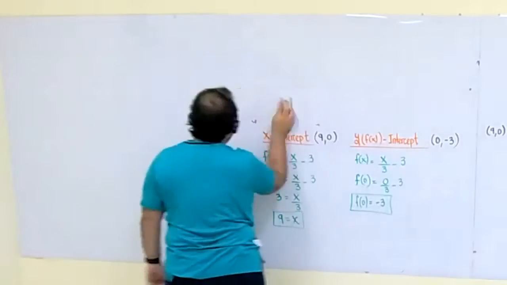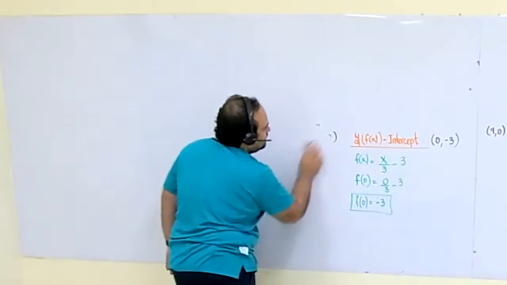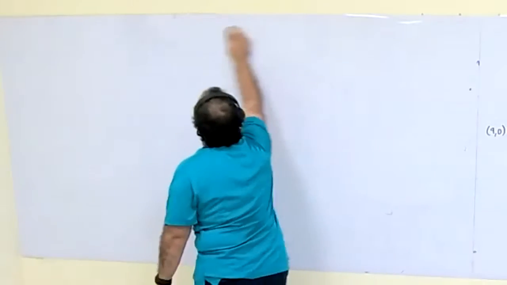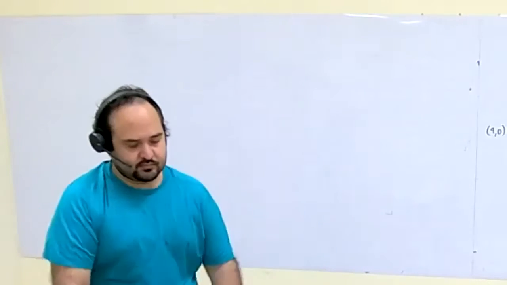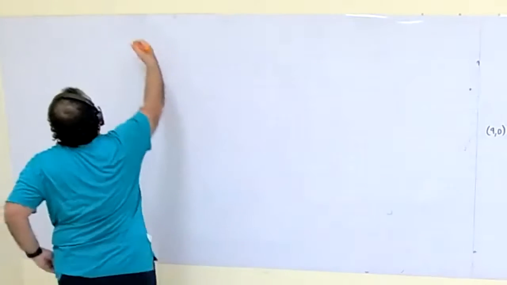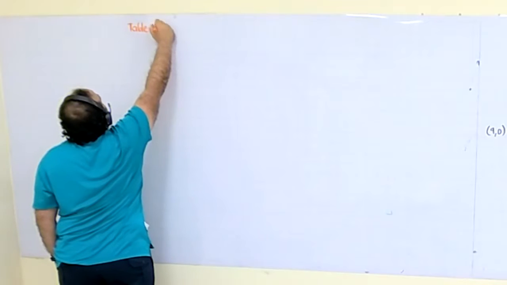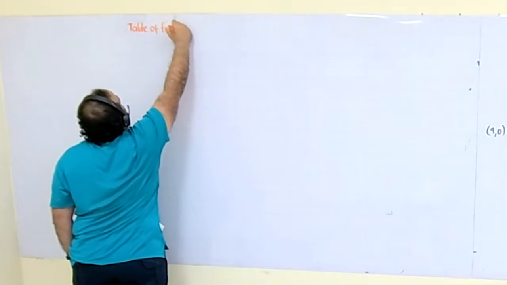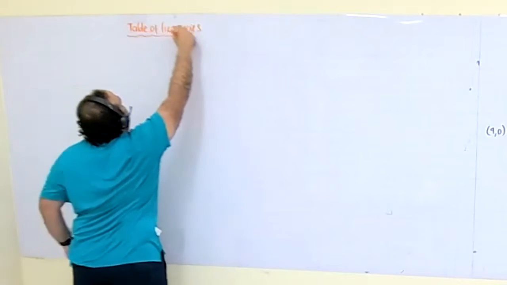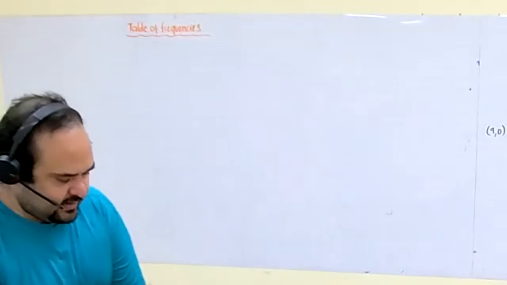This is not so complicated, right? The table of frequencies. All right, then. So let me see what we got.